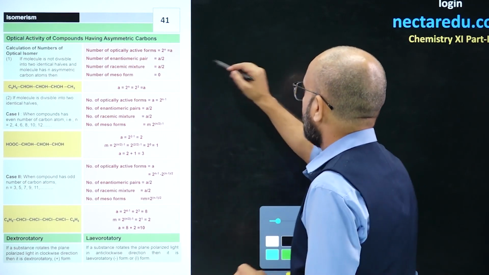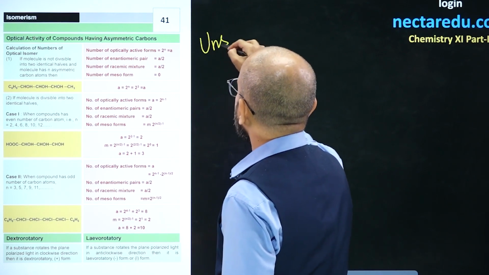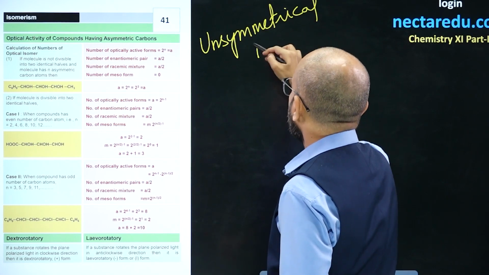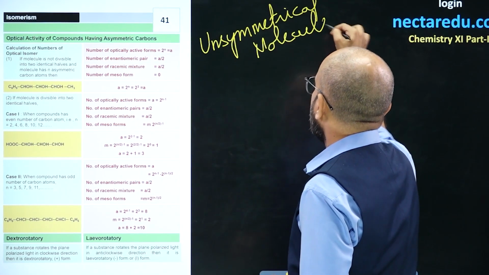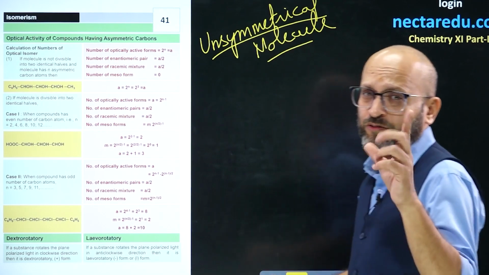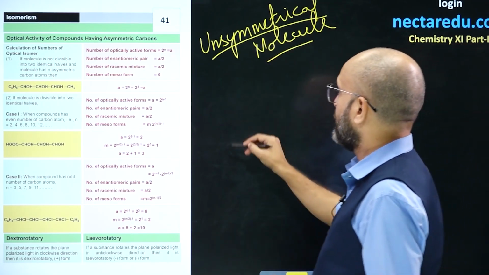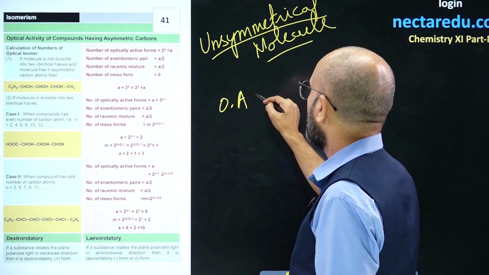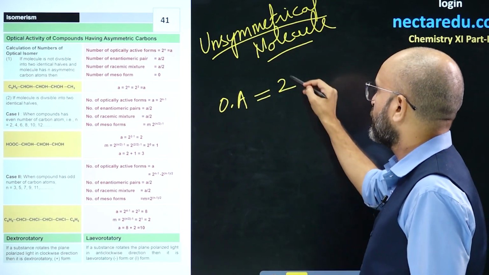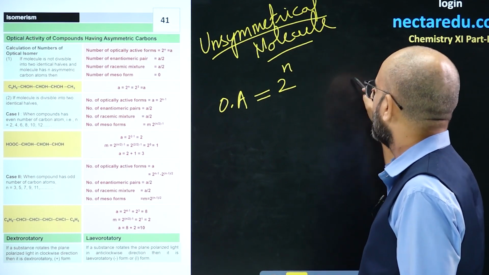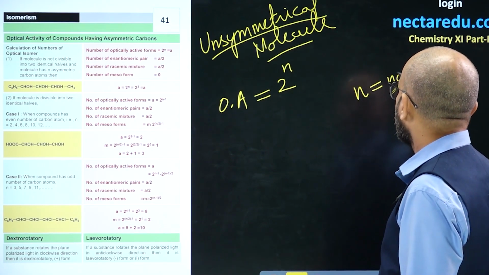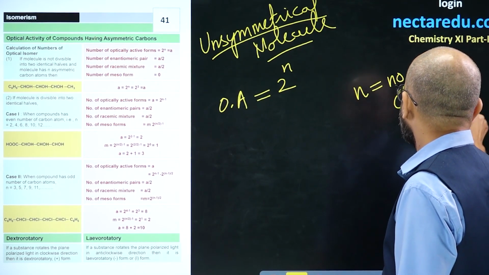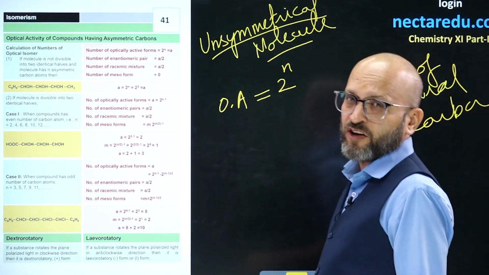If an unsymmetrical molecule is present, which means that we cannot divide the molecule into two equal halves, then the formula for optically active compounds equals 2 to the power n, where n is the number of chiral carbons.